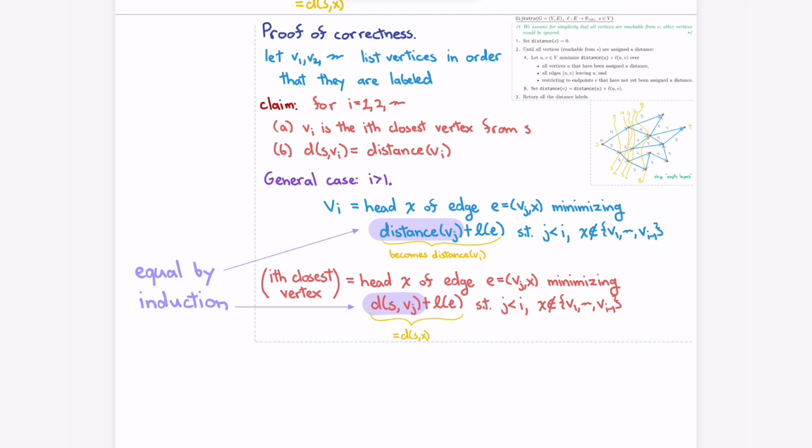Okay. I'm still a little bit confused. Like, what's the induction assumption? Yeah. So I want to argue by induction that I get all the vertices correct. And I have to do some ordering for the induction. Previously, it was on the distance labels. Now I'm ordering the vertices in the order that the algorithm labels them. Starting with the first vertex S, which I felt really good about. And so the simultaneous claim is that the 10th vertex I label is the 10th closest vertex, allowing for ties.